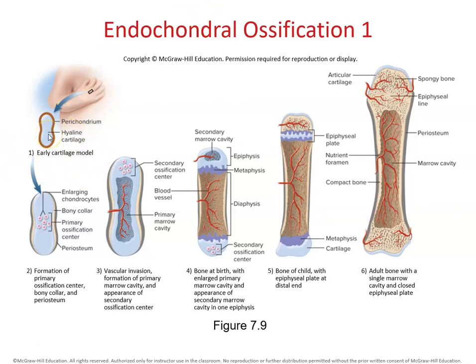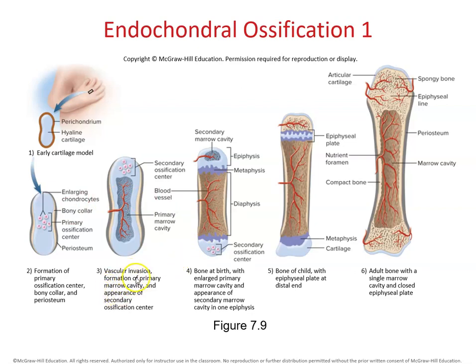If you need to review the properties of hyaline cartilage, please do that before the exam. Then we have something called a primary ossification center that forms in the middle. And that's going to be the site from which the bone hardening process takes place.